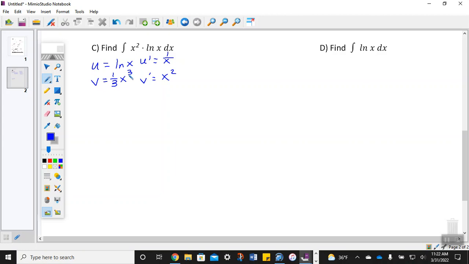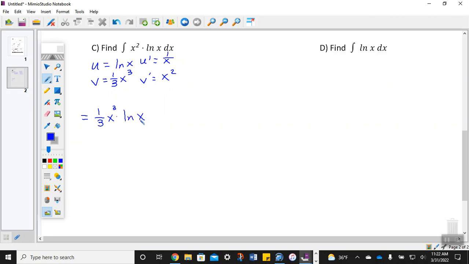All right. So let's add in a little bit of uv. So we're going to start out with a little bit of what times what? With natural log of x times 1/3 x cubed. Yeah, and I'm going to put the 1/3 out front. Is that okay? So it doesn't matter which order we're really multiplying in. So I'm going to go 1/3 x cubed times the natural log of x.